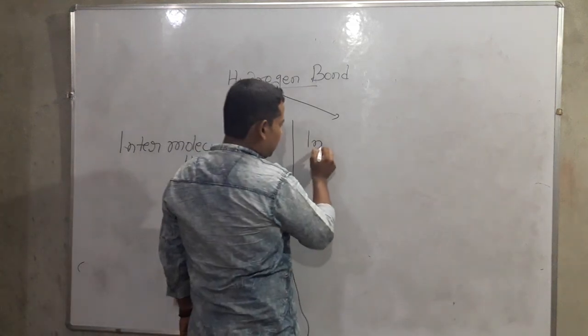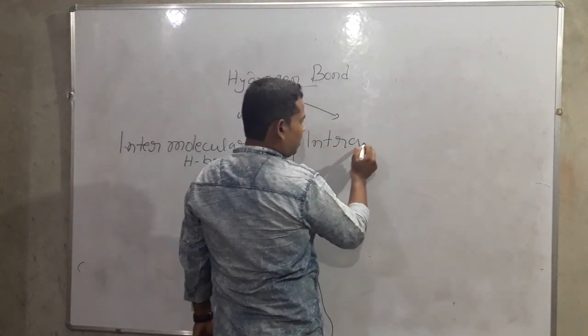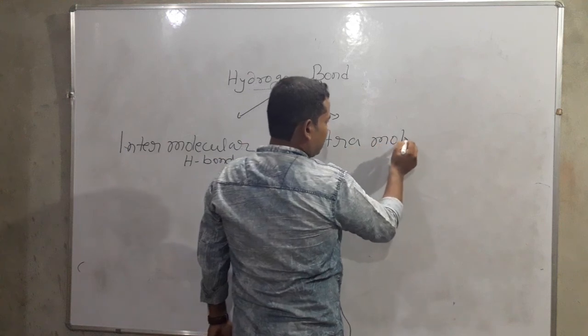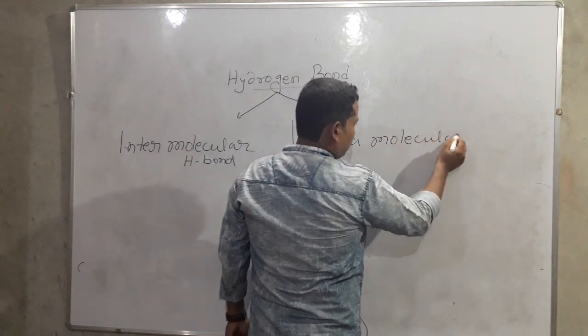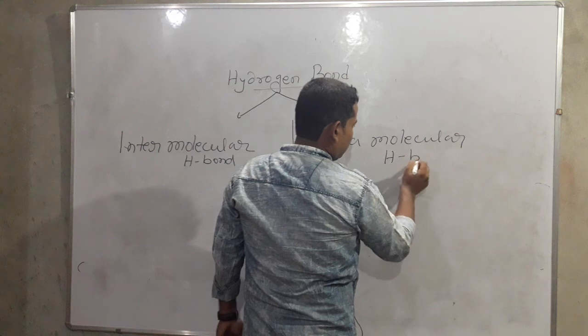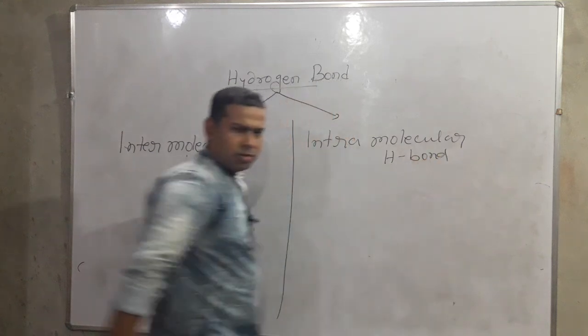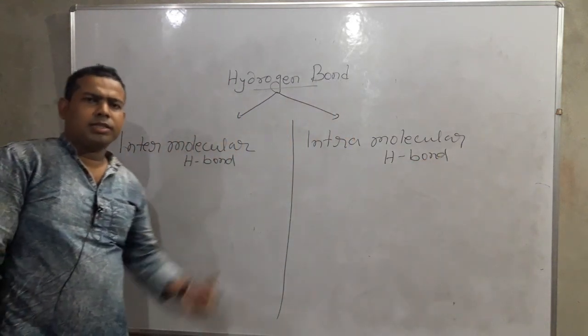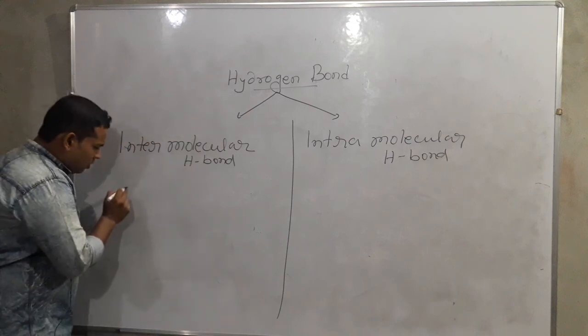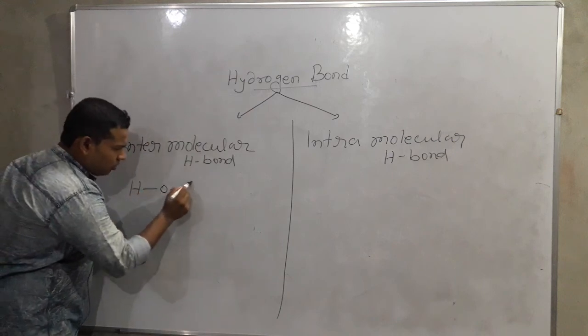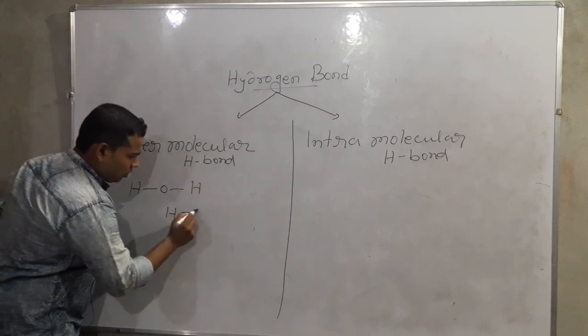Another is intramolecular H bond. Clear, people? One is intermolecular hydrogen bond, another is intramolecular. Intermolecular means more than one molecule is involved in the formation of hydrogen bond.